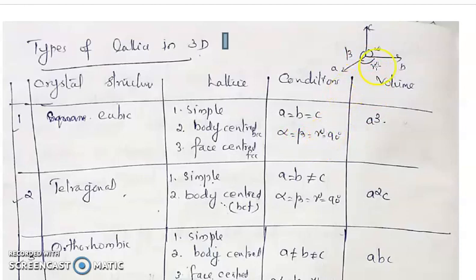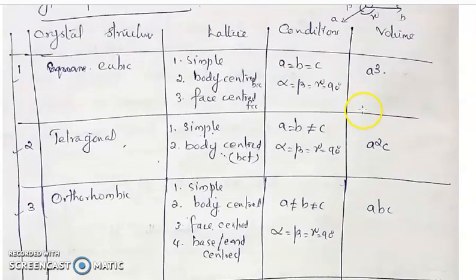All of these are equal to 90 degrees. Alpha is the angle opposite to A, or between B and C. Beta is the angle opposite to B, or between A and C, and gamma is the angle between A and B, opposite to the side C. These are the lattice parameters.